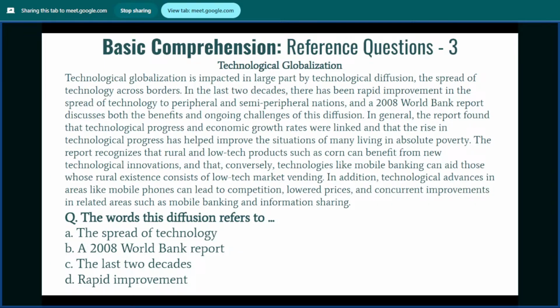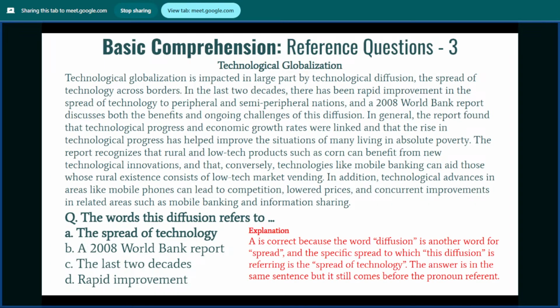Done? Okay. Just tell me once you're done reading. Okay. Tell me the answer. A. The spread of technology. That's correct. Yeah.